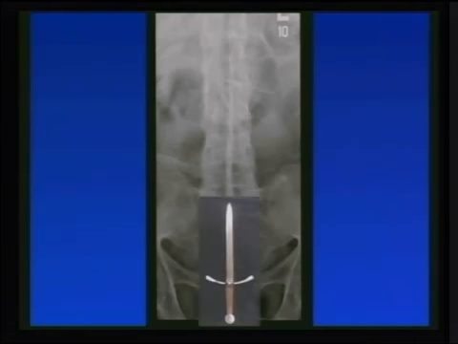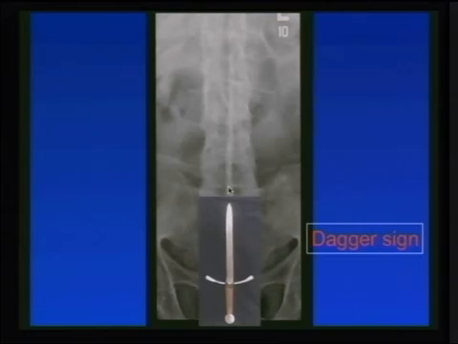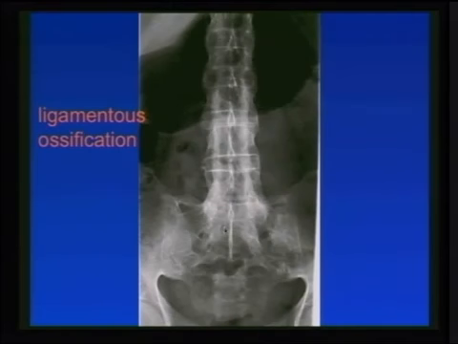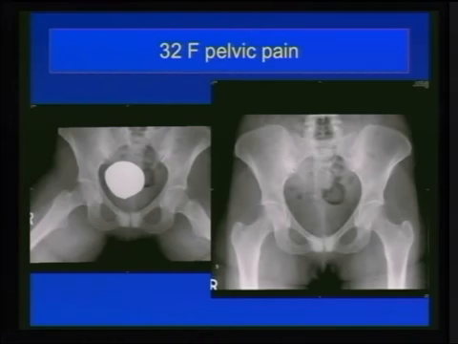This is the dagger sign, which is the al-khanjar, and it is a very important sign of a late stage of the disease, which is the ossification of the interspinous ligament. The dagger sign is there, the trolley track sign is there, the fusion of the SI joints is also there, but even ilio-lumbar ligament calcification or ossification is another sign of spondyloarthritis.